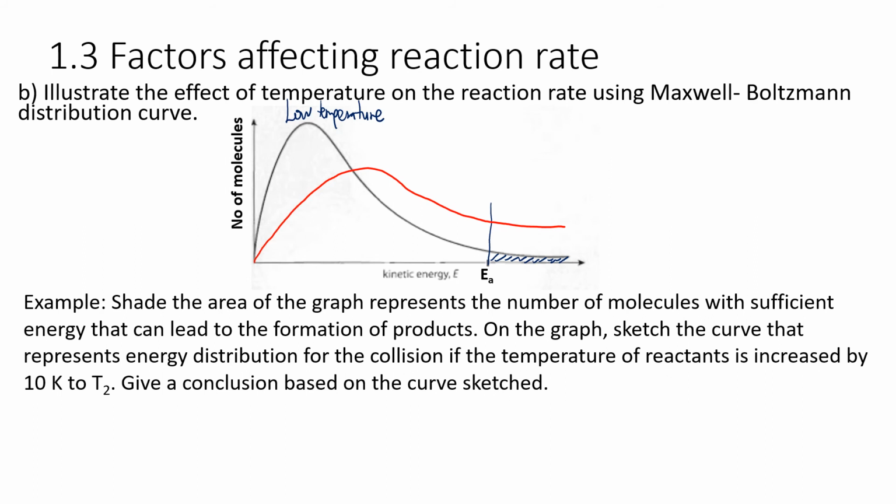At higher temperature, the amount of molecules with kinetic energy equal or greater than the activation energy is this much, which is greater than the amount of molecules with kinetic energy equal or greater than activation energy at a lower temperature.